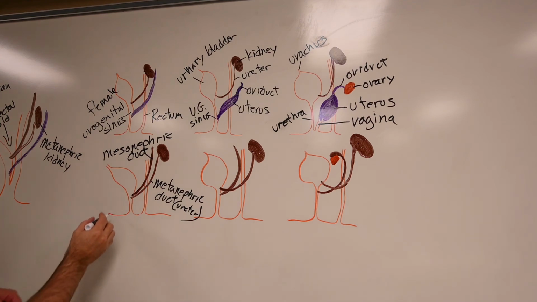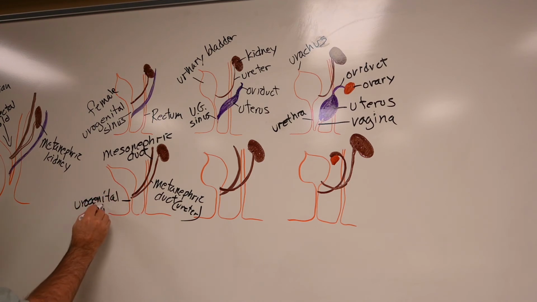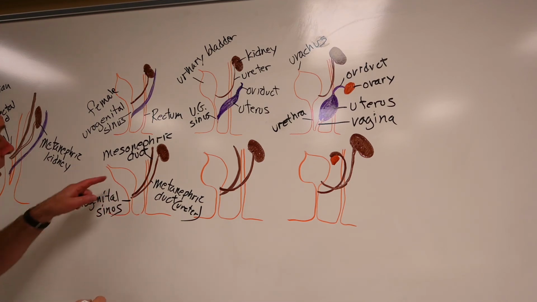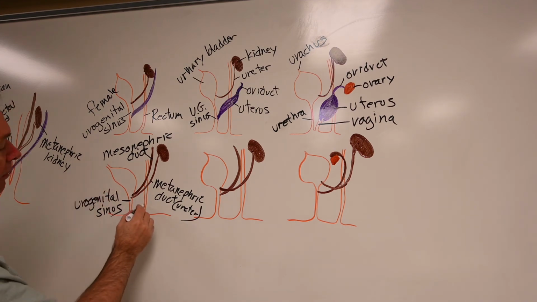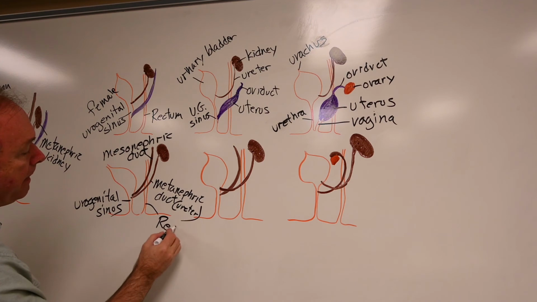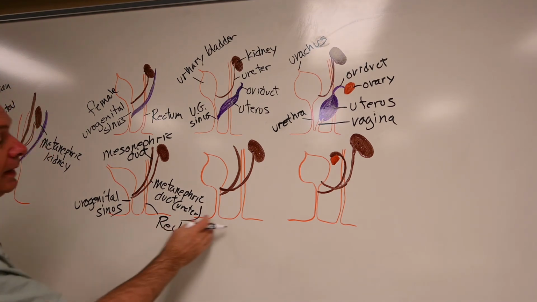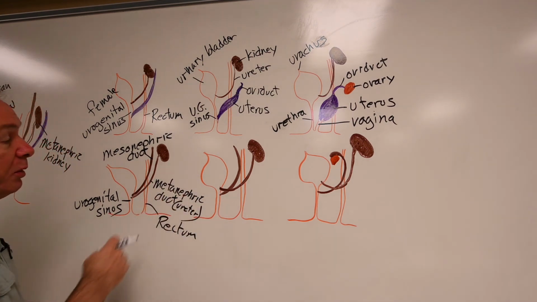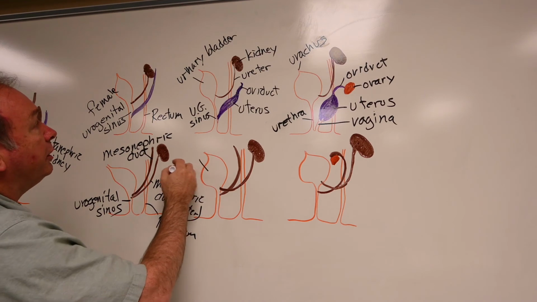So we have urogenital sinus out front. Connection to the allantois that will become the bladder. And we have the rectum, of course, back here again. In the next picture, not much going on that's different. We have enlargement of the allantois to form the urinary bladder.